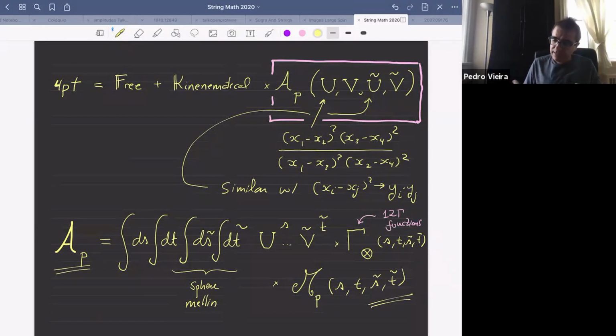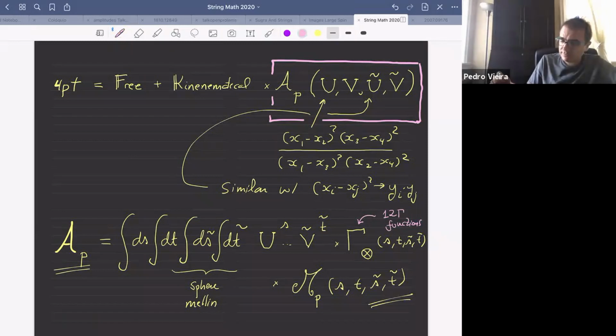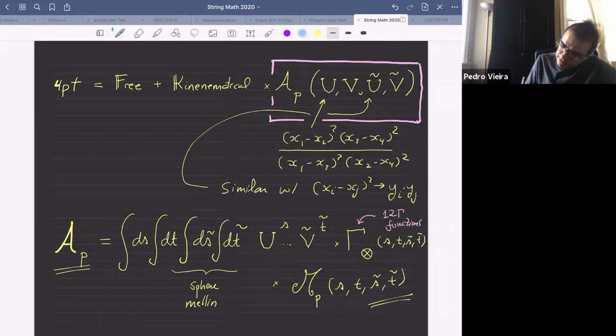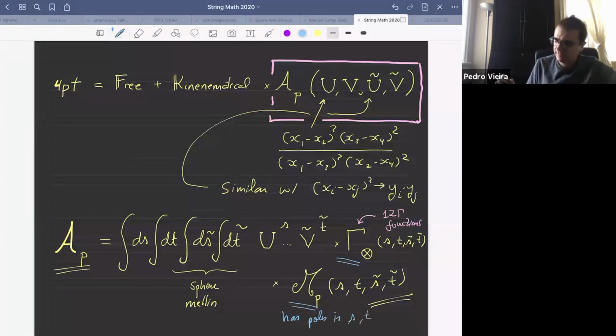Okay. So these gamma functions, they have poles. So what's the physics? What's the meaning of these poles? So this gamma function has poles, and this M, this one has poles in S and T, but not in S tilde and T tilde.